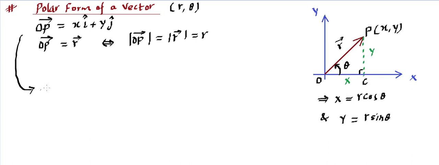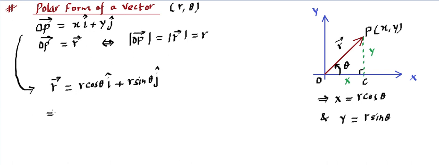So let's write this R vector, which is the position vector OP, equal to the R vector in terms of X, or in place of X, we will write R cos theta. So this will become R cos theta i cap, plus in place of Y we can substitute R sin theta, so this will become R sin theta j cap.